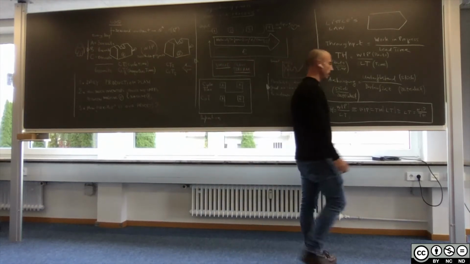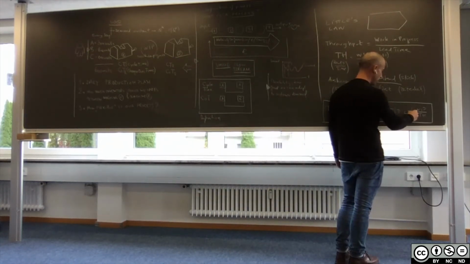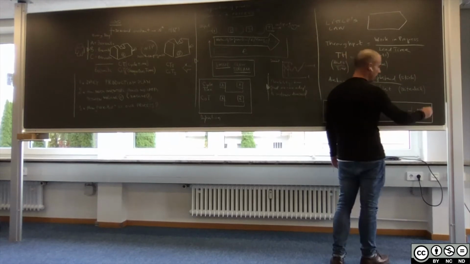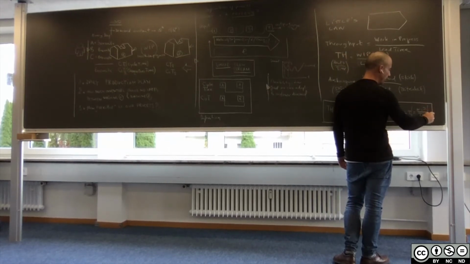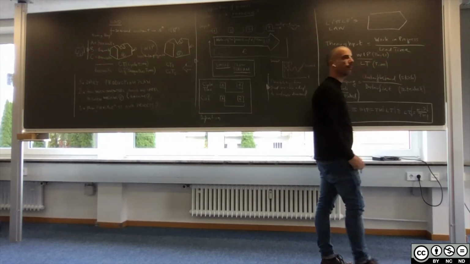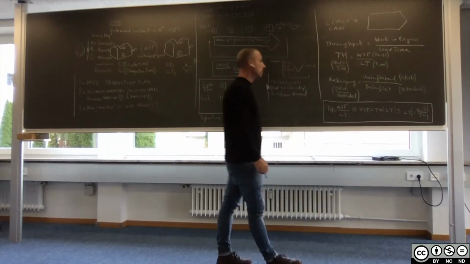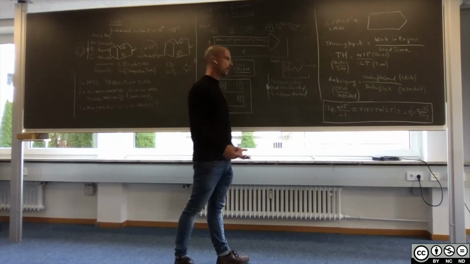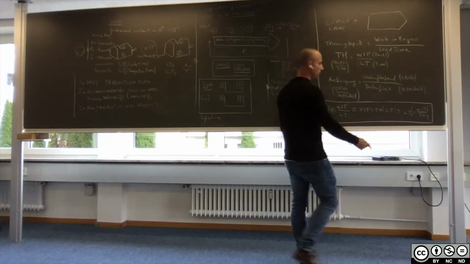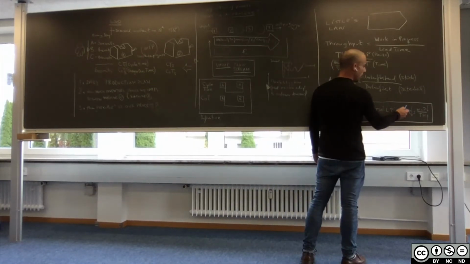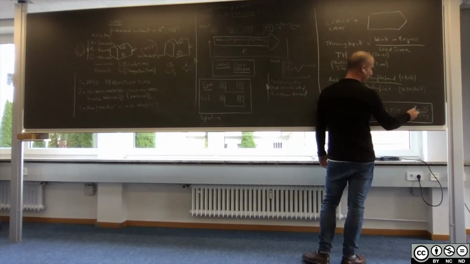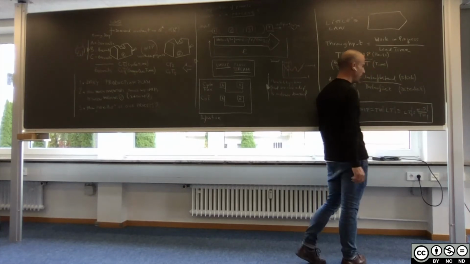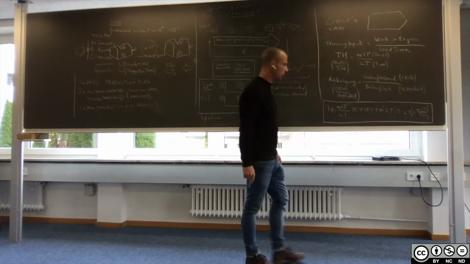So if you want to reduce your lead time, either you reduce your WIP or you increase your throughput. So I repeat, the best strategy is to reduce your lead time, and you do that by reducing your inventory in a controlled way.